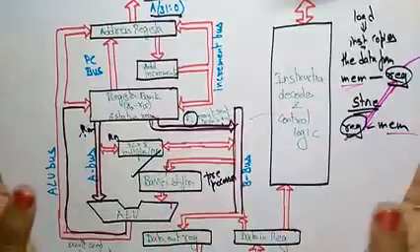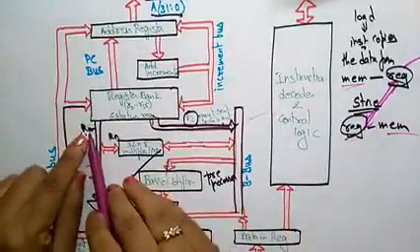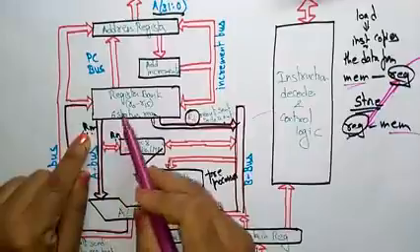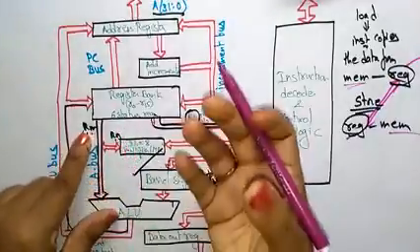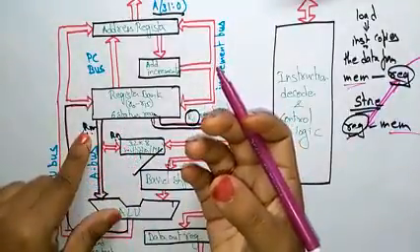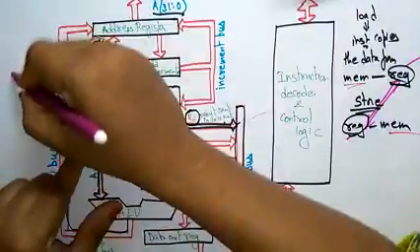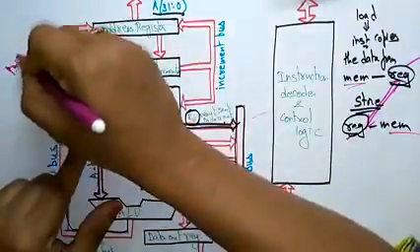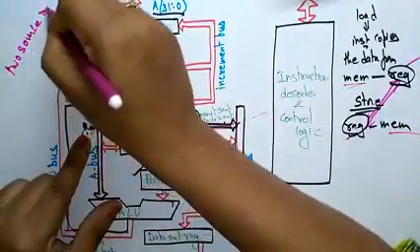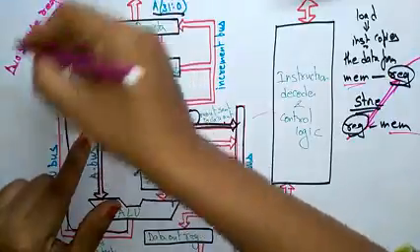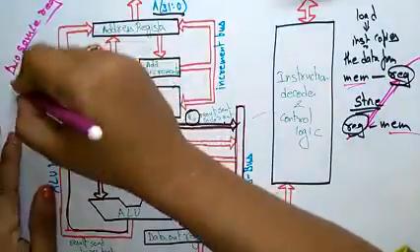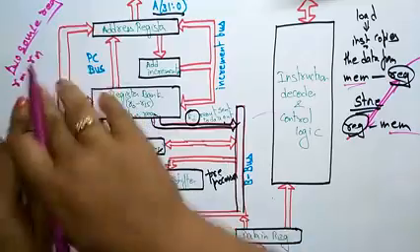ARM has two source registers. We had seen that, RM and RN. The register bank holds the operands for whatever operation you want to perform, and two source registers will be present. Source registers mean the data will be split into two source registers, one is RM and another is RN.